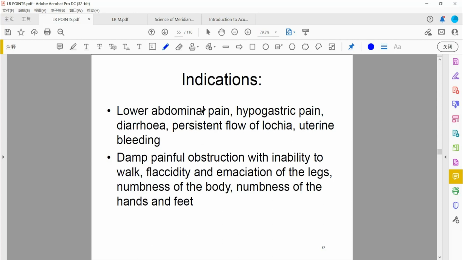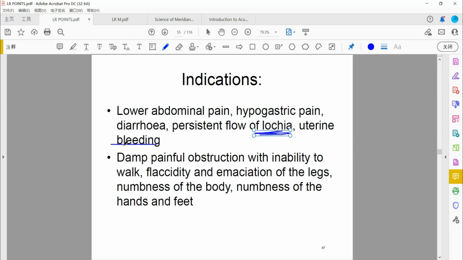Indications: lower abdominal pain, hypogastric pain, diarrhea, persistent flow of lochia. Lochia, that's the discharge from the uterus after delivery. After delivery of the babies. Uterine bleeding, right?